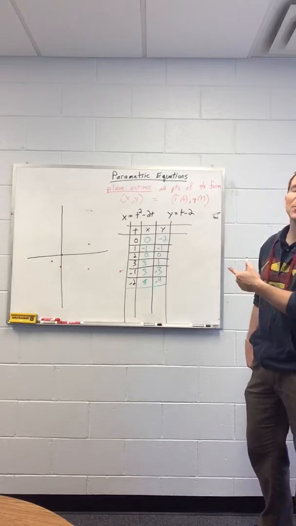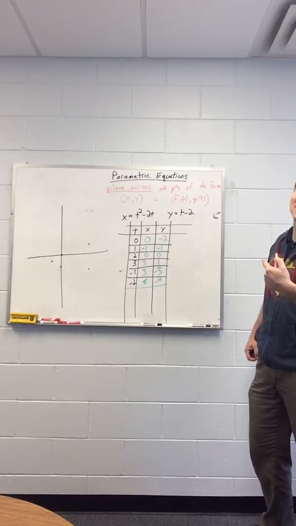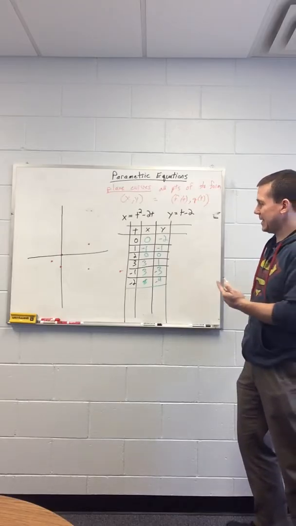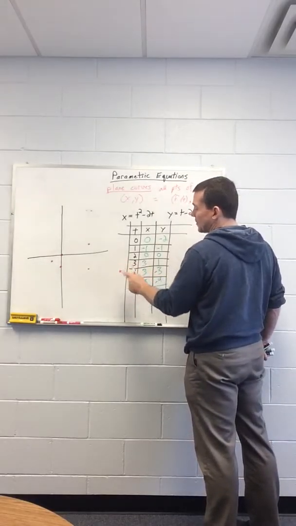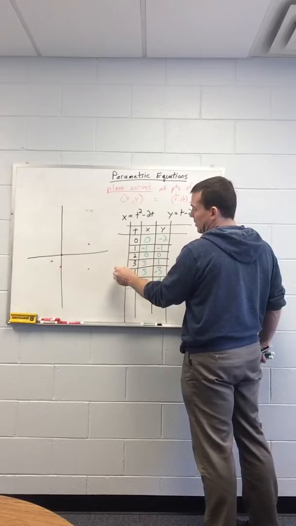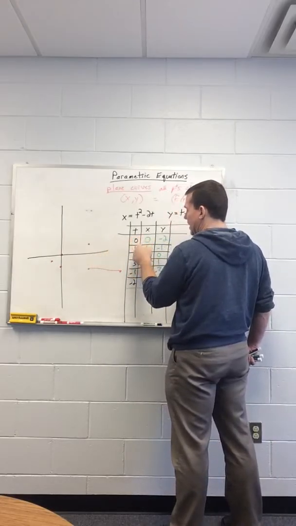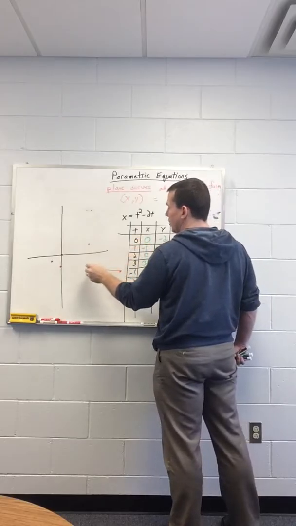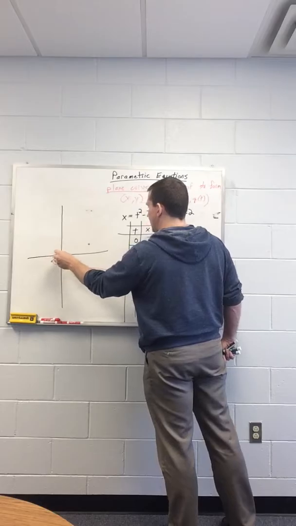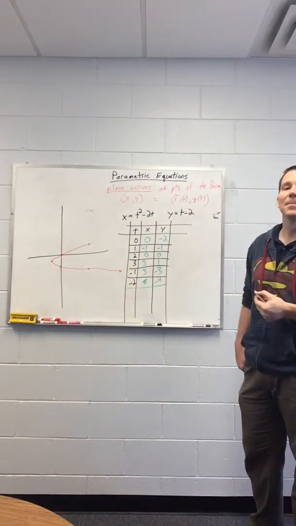Well, when we connect the dots on this graph, you want to actually make sure you do them in the proper order. And in this case, since we're thinking about this in terms of time, start with the least value, -2, which gave me this point, then go to -1, then go to 0, which was 0, -2, then go to 1, 2, 3, and there we go, there's my graph.